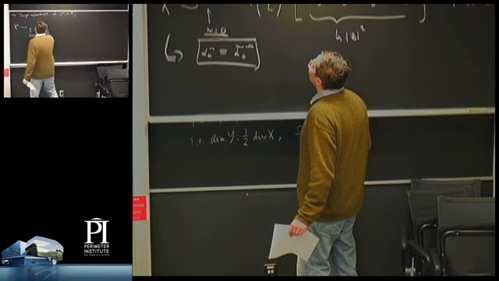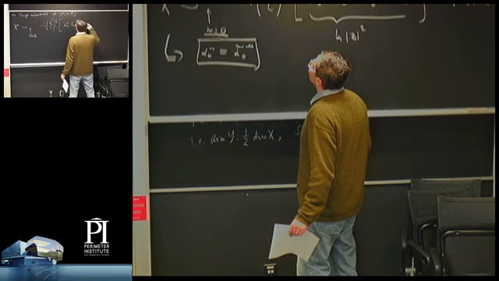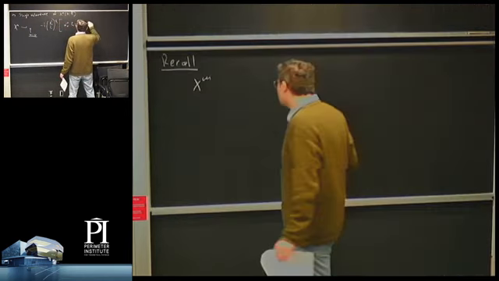Once you integrate the two relations, you find one half alpha_0^mu log z plus alpha tilde_0^mu log z bar.